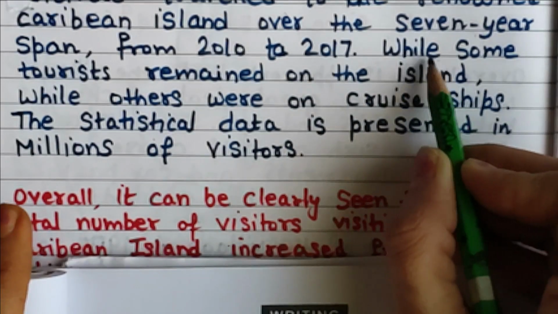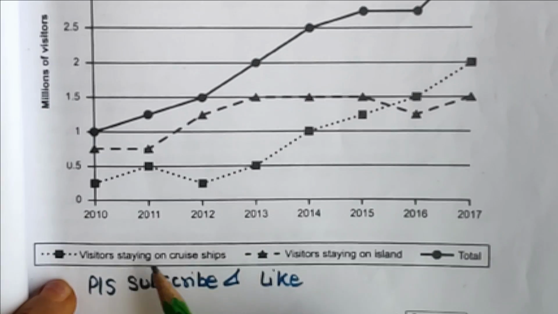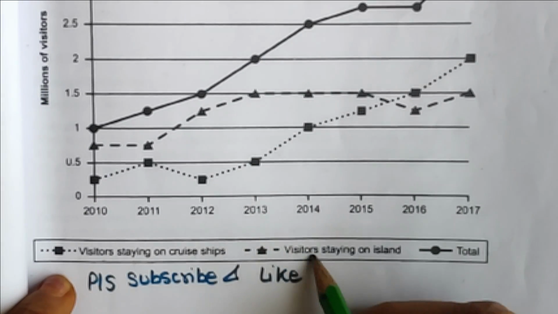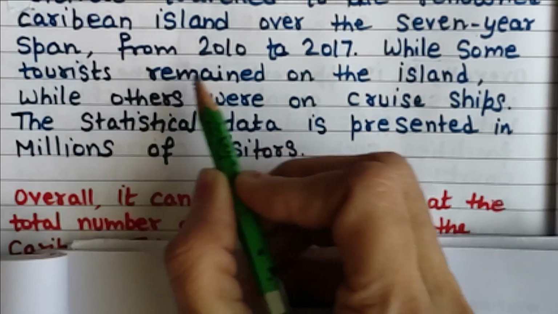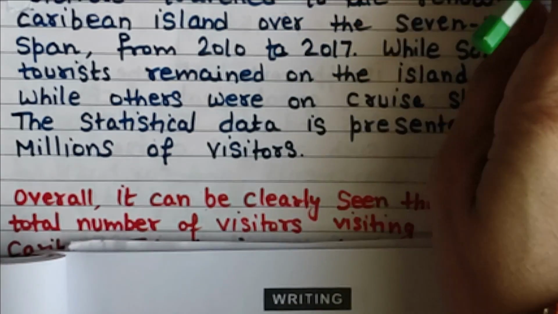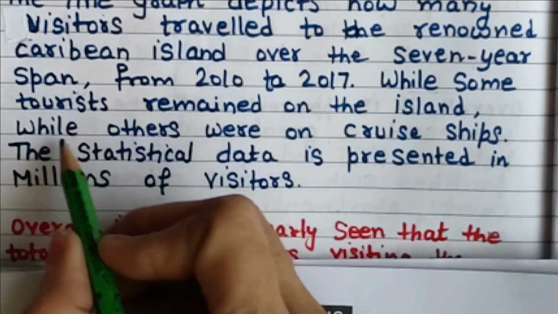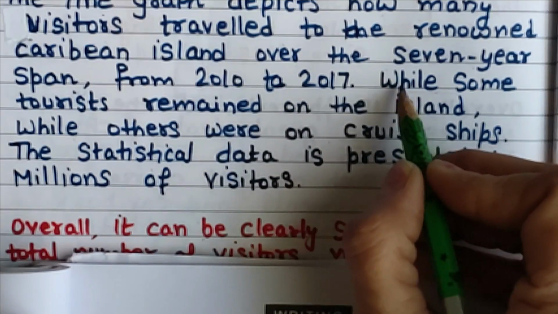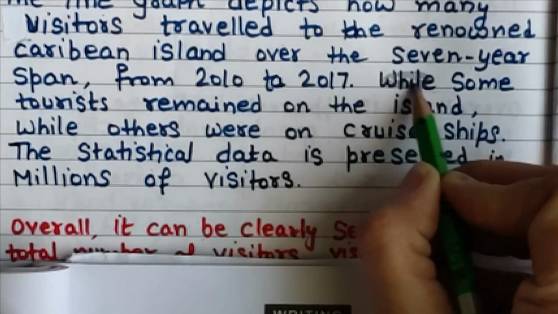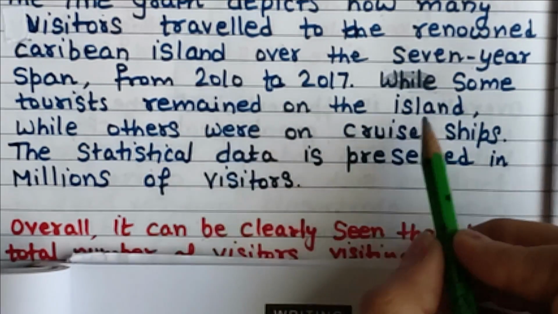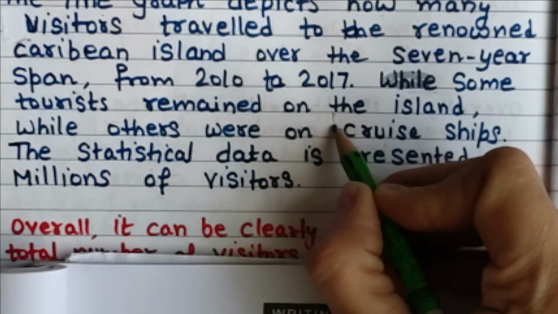Now, because we know there are 3 graphs, visitors staying on cruise ships, visitors staying on the island, and third is total. So while some tourists remained on the island, we are telling the category of the line graphs also, while others were on the cruise ships.